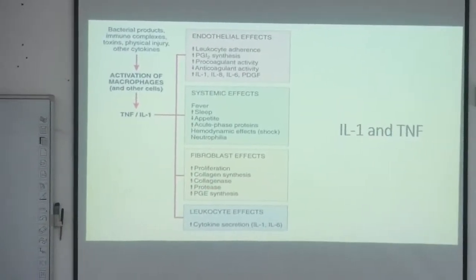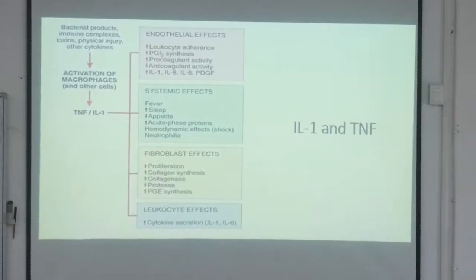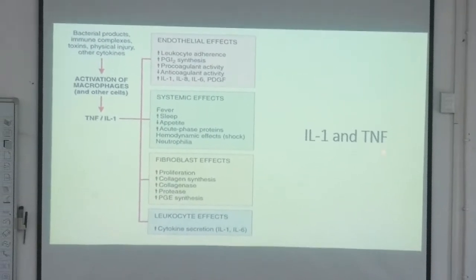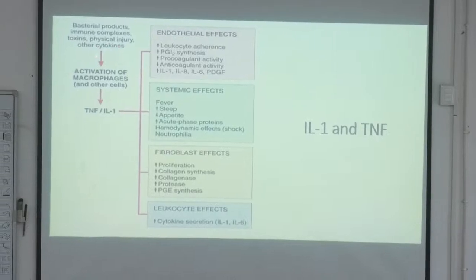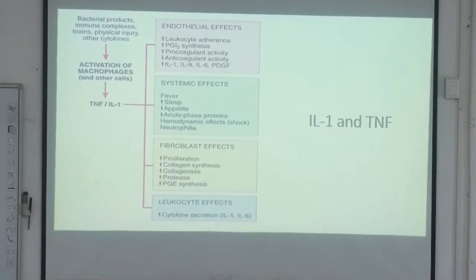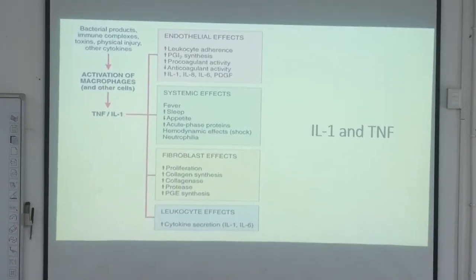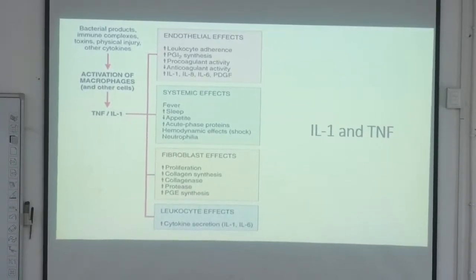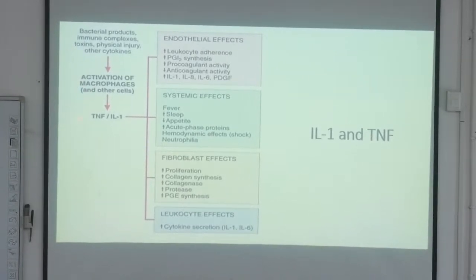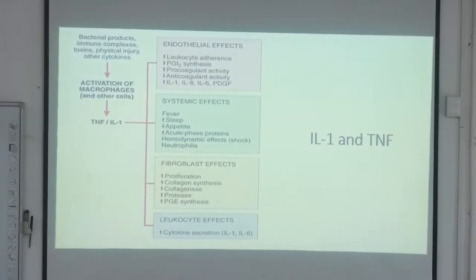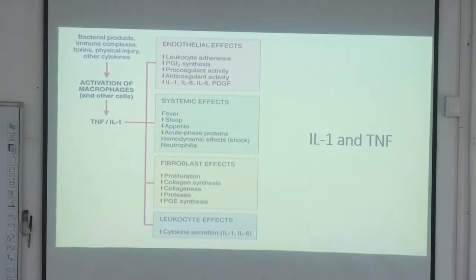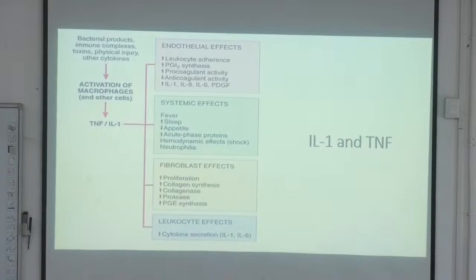The most important cytokines are interleukin 1 and tumor necrosis factor alpha. Bacterial products, immune complexes, toxins, physical injury and other cytokines are initiators of the release of another cytokine, through activation of macrophages and other cells. The activation of macrophages is the pivotal event for release of cytokines.